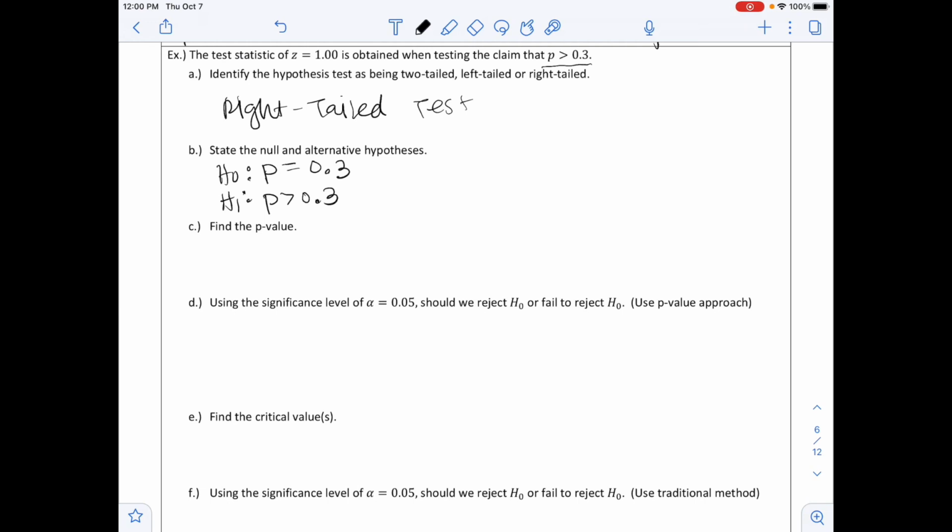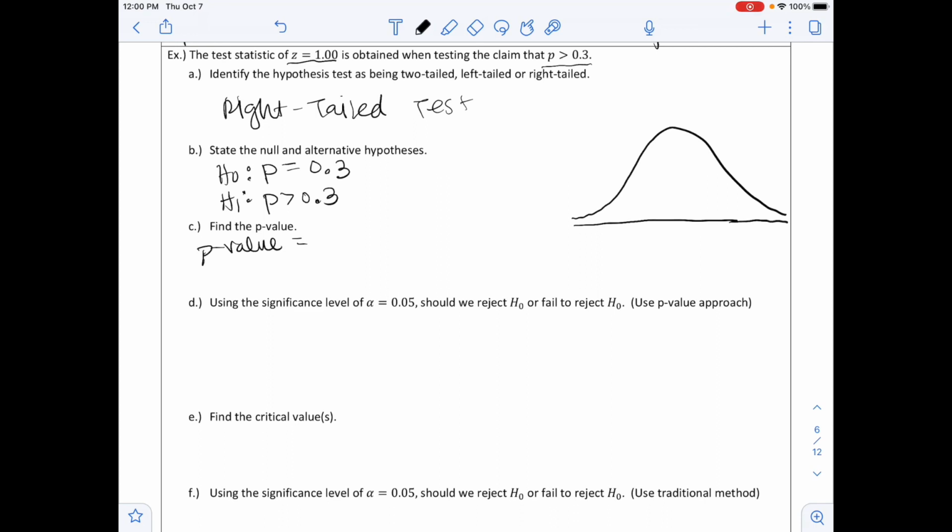To find our p-value, we need to do a little calculations here. So again, the p-value is a probability. I'm going to go ahead and sketch my normal curve so we have a visual representation of this. Since it is talking about z, I know that I'm dealing with a standard normal distribution.